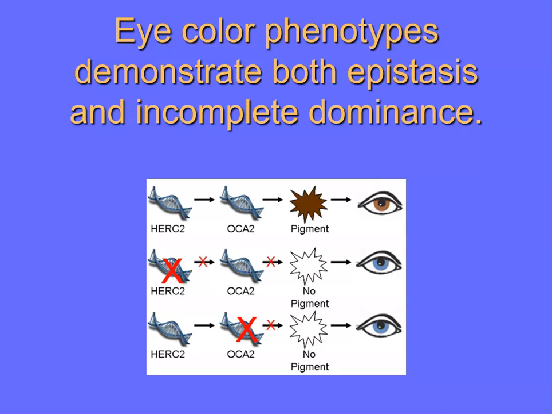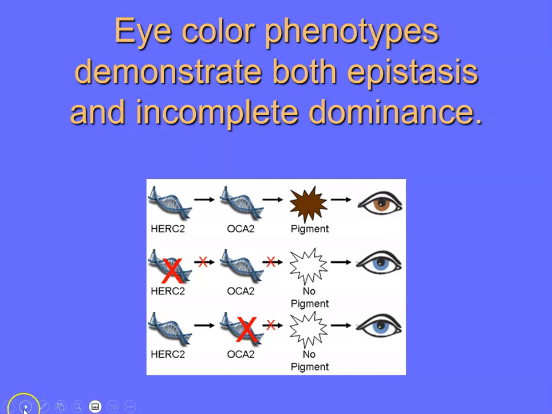It's actually very complex. If you'd like to read about it, in the notes of the slide, if you download the PowerPoint, you'll see a link to the article and a deeper explanation about how eye color works in humans.